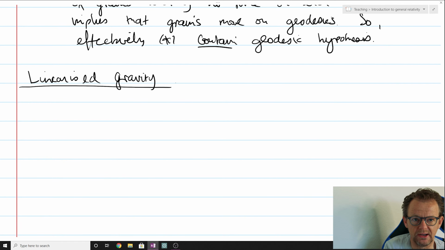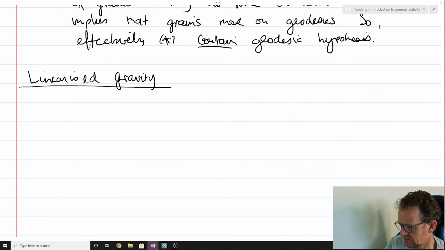It's not very physical, but that'll get us close to an interesting situation to model heavenly bodies. And we'll also investigate the solution in the cosmological setting, where the distribution of matter is uniform. None of these limits are directly physical, it has to be said. But each of the solutions that we're going to investigate in this course will give us indirect information about how general solutions of Einstein's field equations behave.